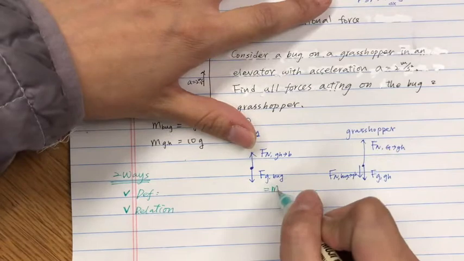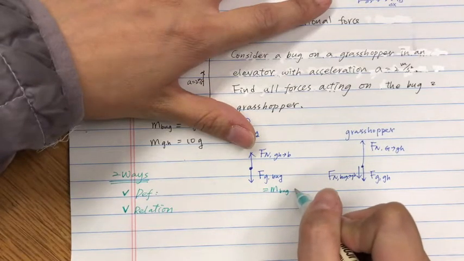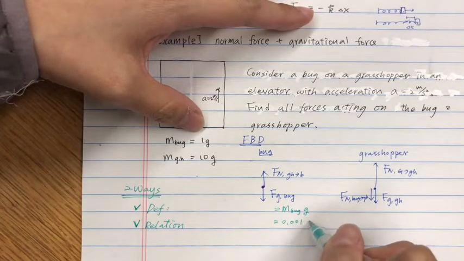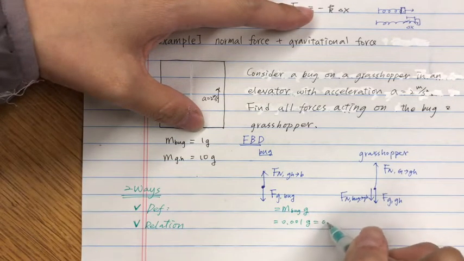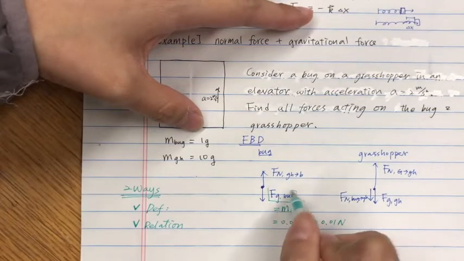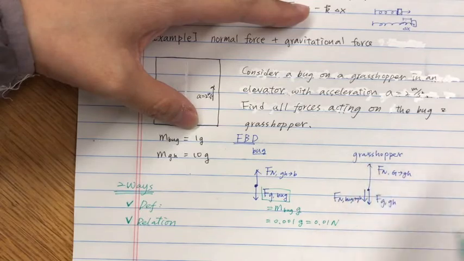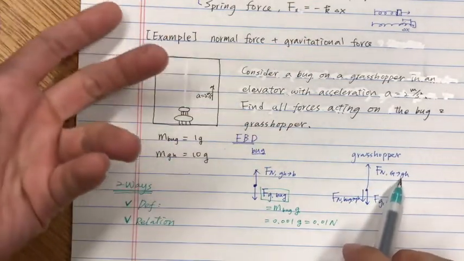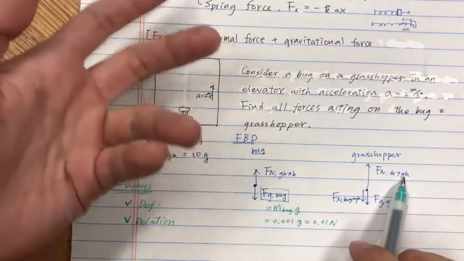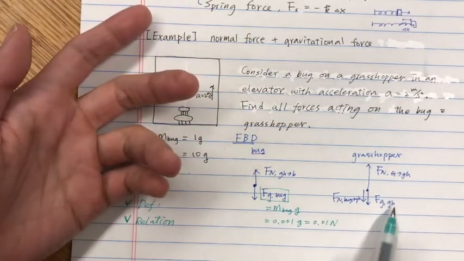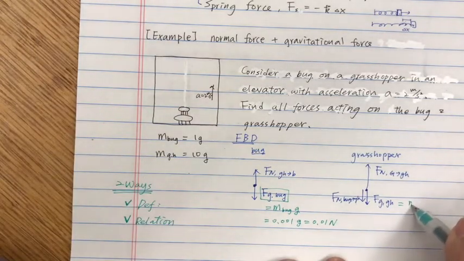So this is m bug times g, which is 1 gram, so it would be Newton. All right, so this one is checked. How about here? Again, we don't know the normal force because its definition is not telling us anything about the value. But we do know this is mg.